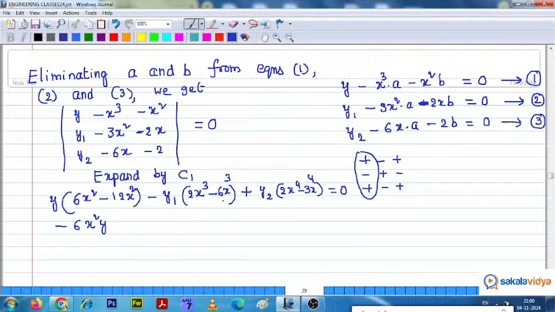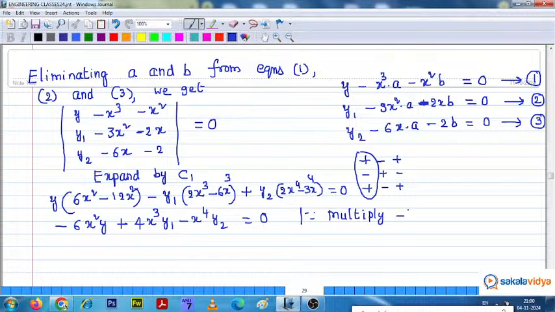Then negative 4x cube into negative y1 gives 4x cube y1. Now minus x to the power of 4 y2, equal to 0.